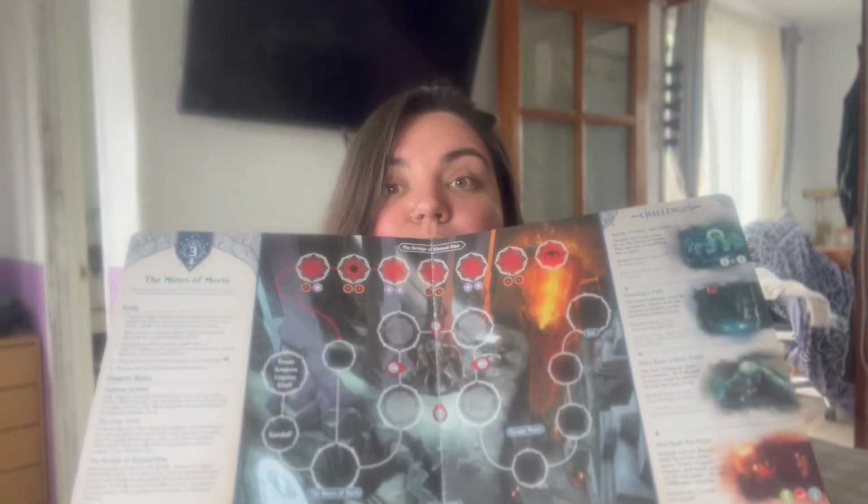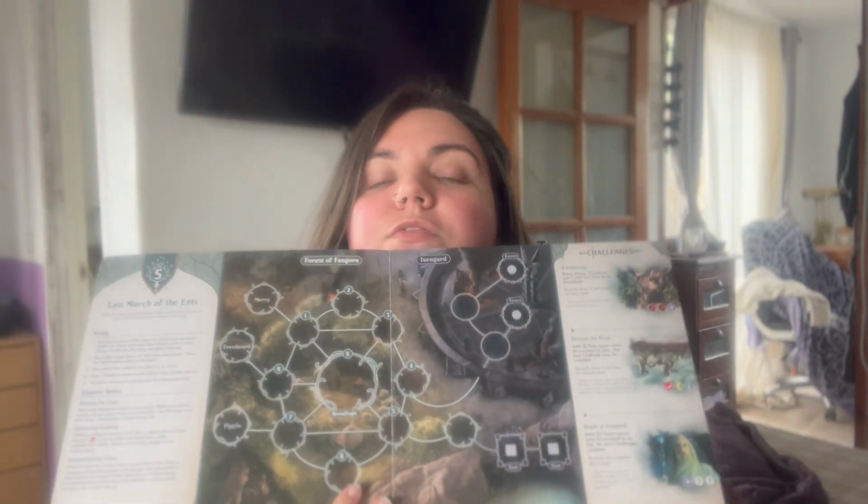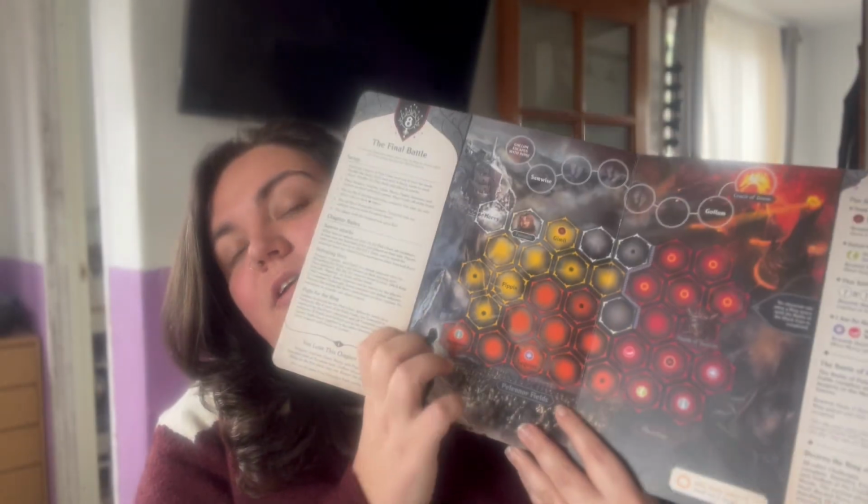So first you have to get the hobbits out of the Shire and past the Black Riders. Then we've got the Council of Elrond. We've got the Mines of Moria. We've got when the Fellowship splits up, Fangorn Forest, Battle of Helm's Deep, Shelob's Lair, and the final battle at the Black Gate. It's literally going through the story, but each page is a board game.